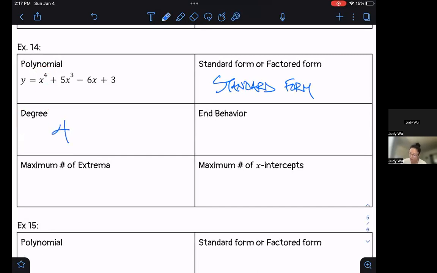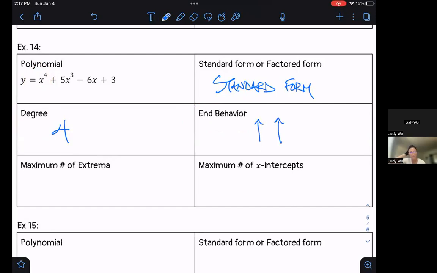So this is degree 4. Now we also find the end behavior by looking at the leading coefficient, which in this case is positive 1. So since I have an even degree, my options are up, up, or down, down. But since it is a positive, my end behavior is up, up.